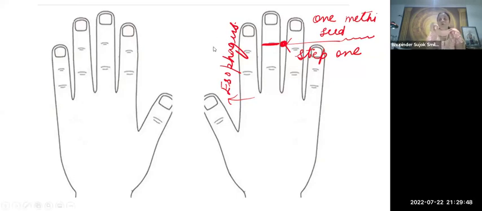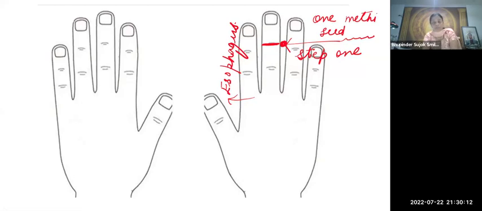So if we want to specifically focus on the esophagus, on the right hand middle finger, this top joint, you just massage and put 1 methika seed, yes, fenugreek seed. Then in the second step, this finger will become very receptive to receive treatment for esophagus.